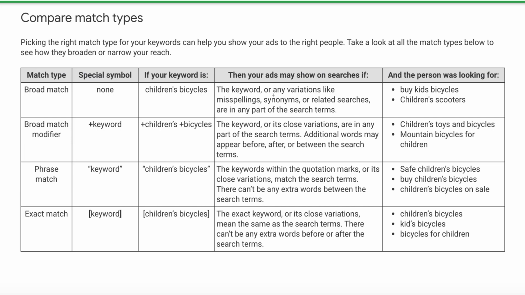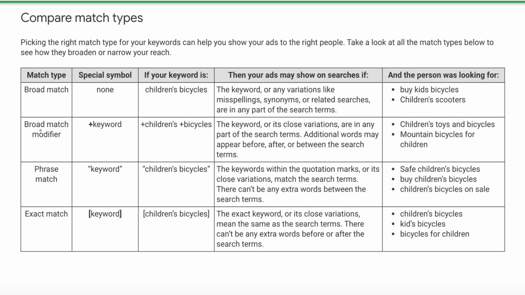That particular keyword or any variations like misspellings, synonyms, or related searches in any part of the search term. So this is really broad, which is great to start off with if you want to research what people are searching for and what your ads are showing up for.